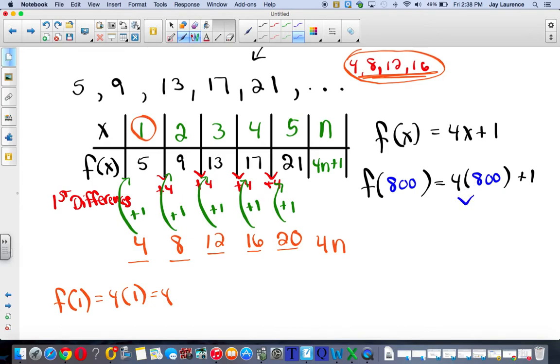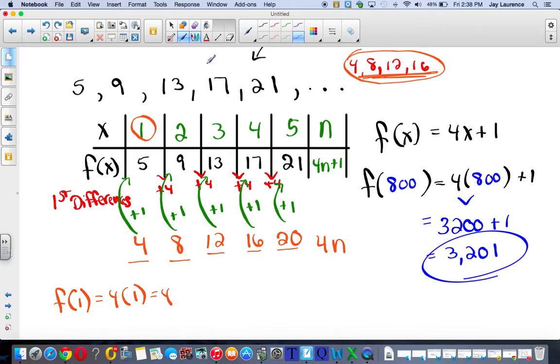All right, so 4 times 800 is 3,200 plus 1, which is 3,201. I don't know about you, but I'd much rather do it this way than try to list the first 799 members and then figure out what the 800th one is. I'd rather do it this way.